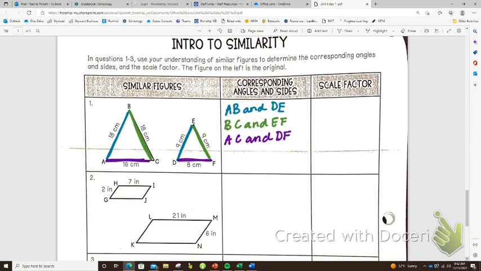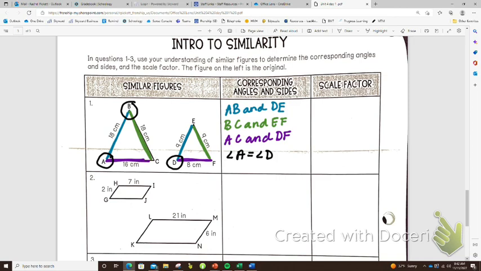Then if we look at angles, we're going to look at where the colors connect. So blue and purple makes angle A and angle D. So angle A is equal to angle D, because corresponding angles are congruent.